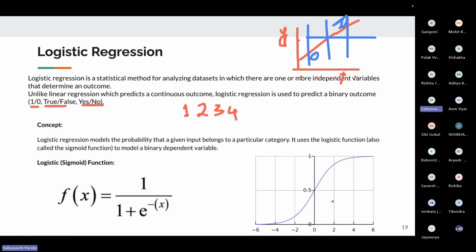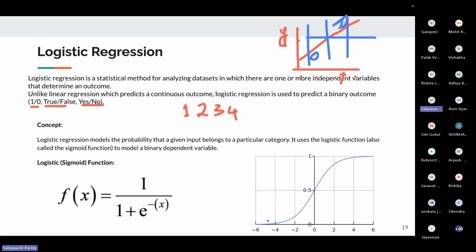Okay. So the sigmoid function follows this kind of S-shaped graph, which says that based on 1 by 1 plus e to the power minus x, if I input my x values, for any x that I have, it can give a corresponding value between 0 and 1.